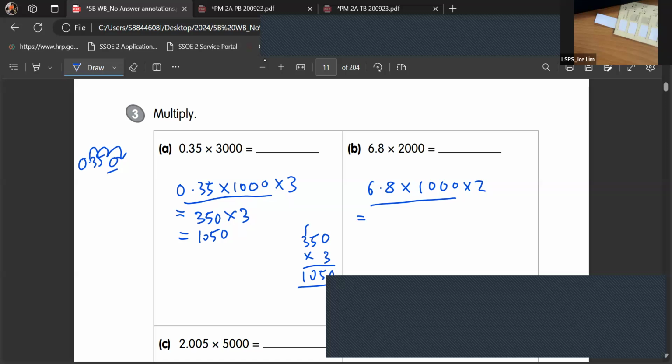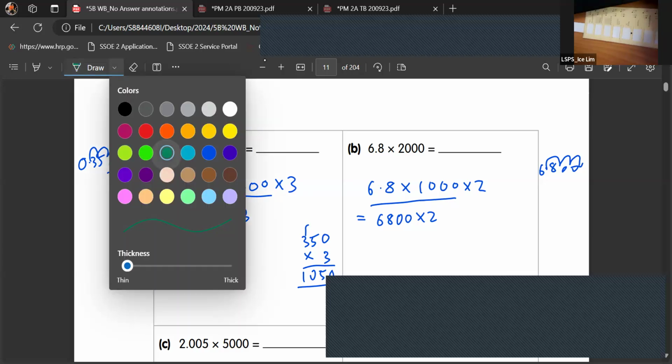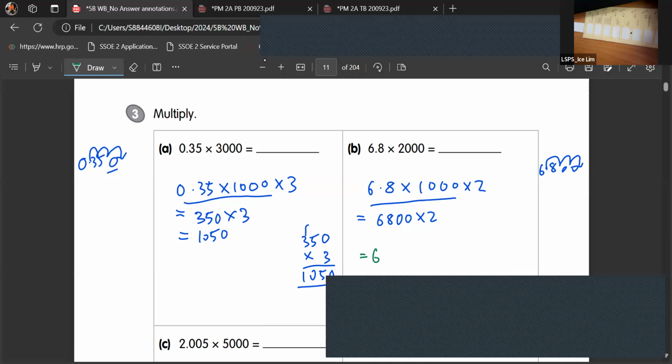But let's say I do 6.8 times 1,000. 6.8 times 1,000, 1, 2, and 3. It will be 6,800 times 2. In this case, for me, I would prefer to do 6.8 times 2 first, then times 1,000, because I think the number of digits are fewer.